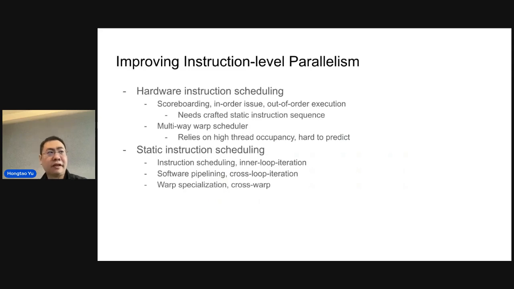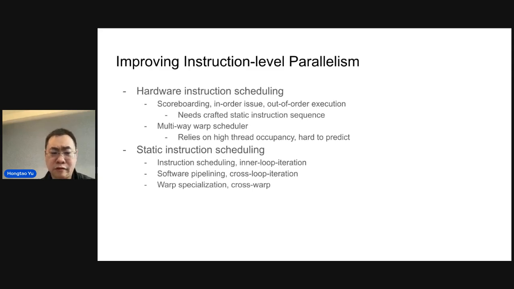The main benefit of warp specialization is to improve instruction level parallelism. It provides some improvements on top of the hardware instruction scheduling support, because the hardware's dynamic instruction scheduling isn't really as powerful as on the CPU side. So the compiler needs to do a better job here.